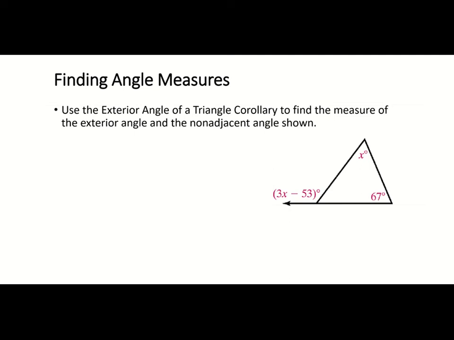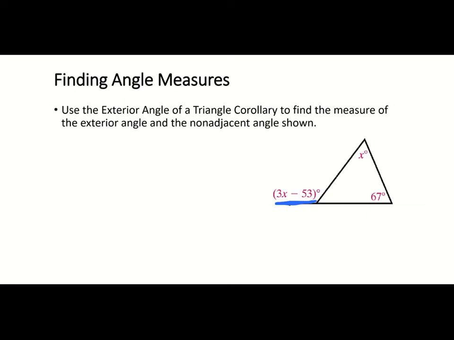Okay, next, we are going to find the measure of the exterior angle and the non-adjacent angles shown. So we have 3x minus 53 for the exterior angle, and we have our two non-adjacent interior angles. And remember, the sum of the two non-adjacent interior angles equal the measure of that exterior angle.